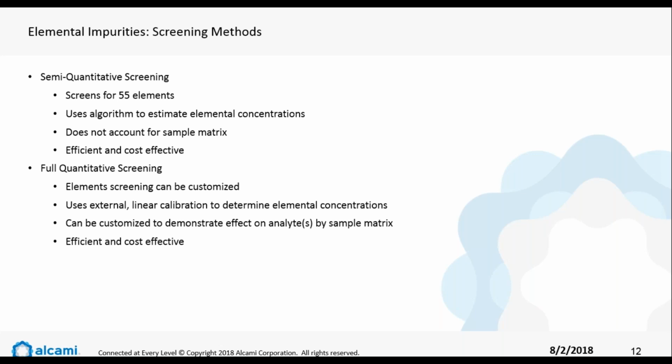So getting into some of Alcami's offerings, I kind of just mentioned the early phase work. So we do have some semi-quantitative and fully quantitative screening methods, and these are methods where they don't have any validation performed. There's no check for specificity, accuracy, or precision or anything like that, but they are relatively accurate for most elements and can quickly look for up to 55 elements for the semi-quantitative screening.